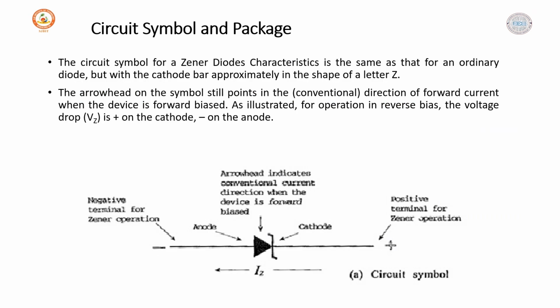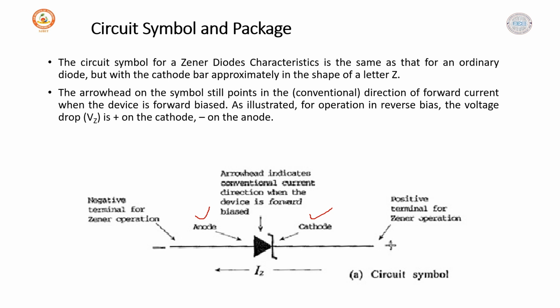Next, coming to the symbolic or package representation of a zener diode, which was earlier explained. The symbol of a zener diode consists of a triangle and a Z mark, where this is called the anode terminal and this is called the cathode terminal.